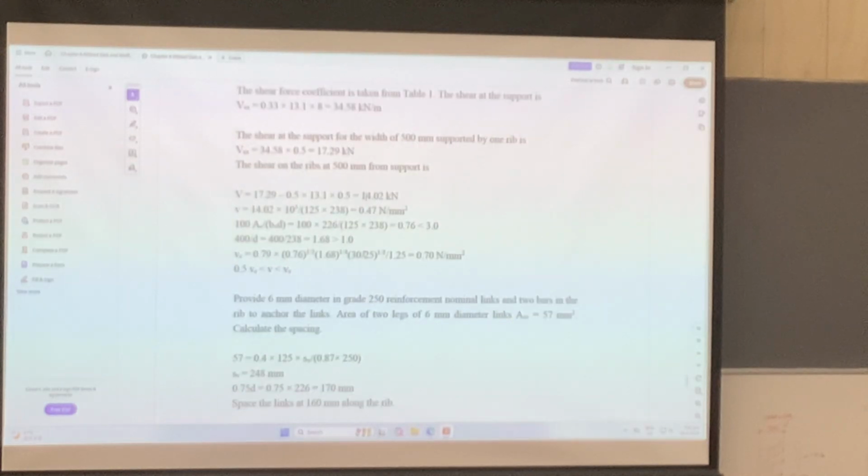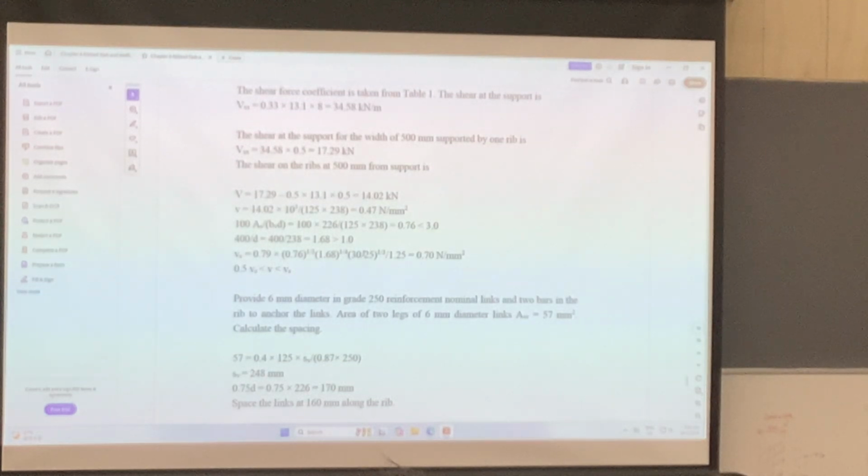But what we consider is actually the shear which is 500 mm away from the support. The width here is actually 500, but we consider this location because the width of the rib is just 125.